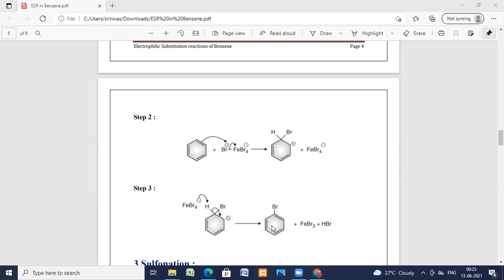Okay, so we have to remember that nuclear halogenation takes place through an ionic mechanism, plus and minus formation, while side chain substitution takes place through a free radical mechanism.